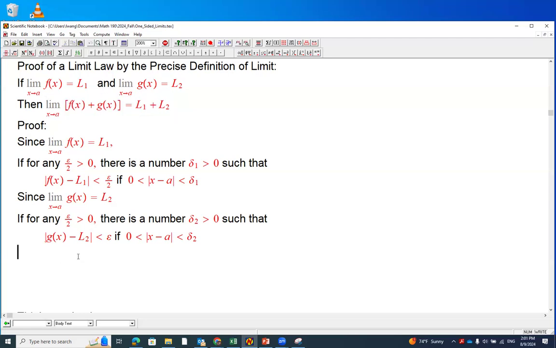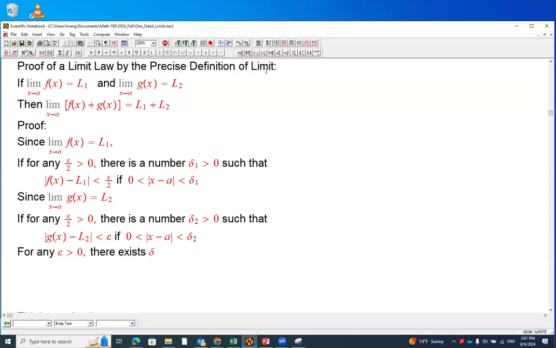What do we do? Okay, so now we have set this up this way. We're going to demonstrate that for any epsilon greater than 0, there exists a delta. How do we choose the delta? We're going to have to choose the delta.